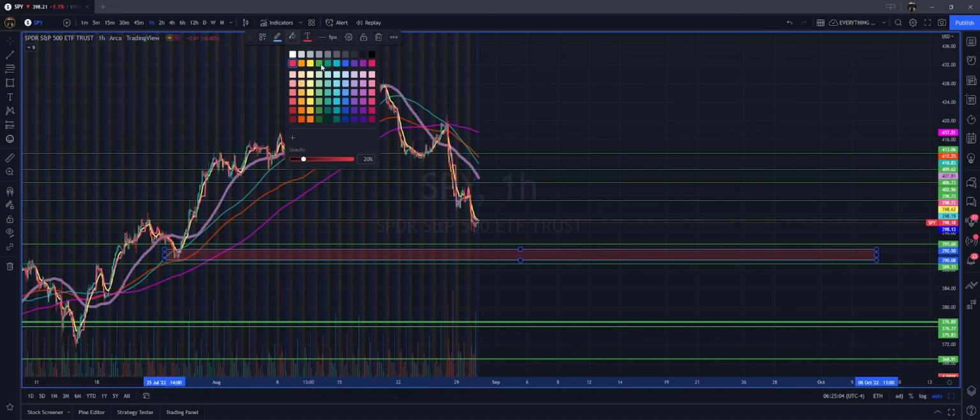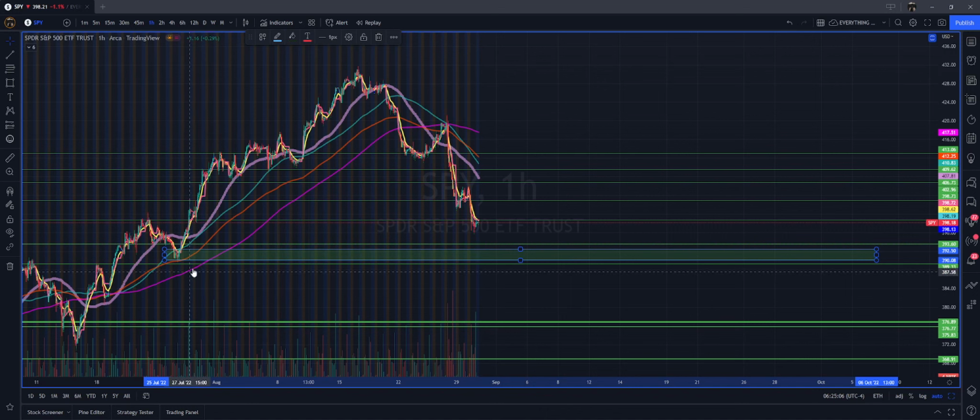But I'm just gonna mark it just in case, like a bounce over here. I would say if they wanna bounce, they should bounce somewhere right here and then up, right? Okay, that's about it for pre-market analysis. I'll see you tomorrow morning.